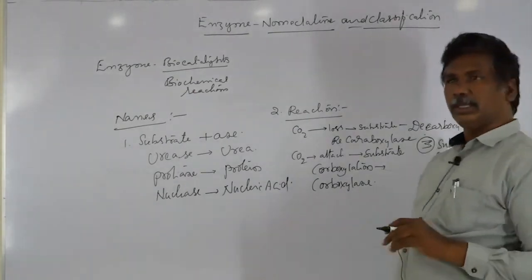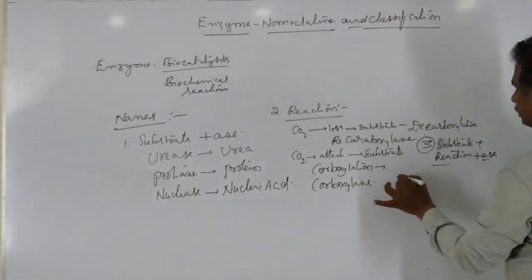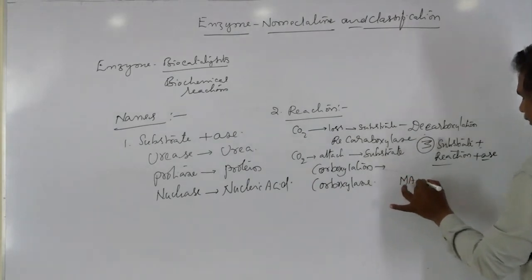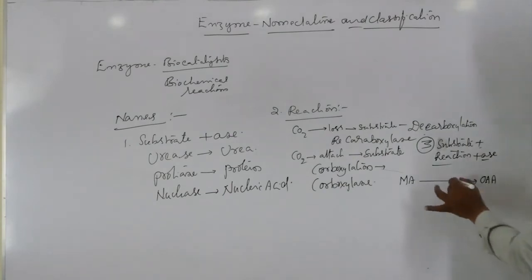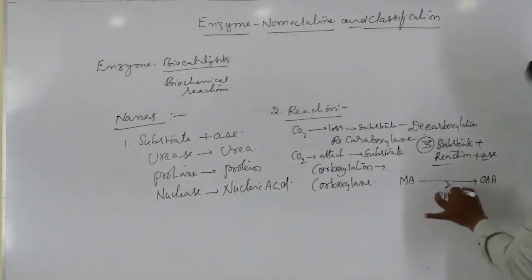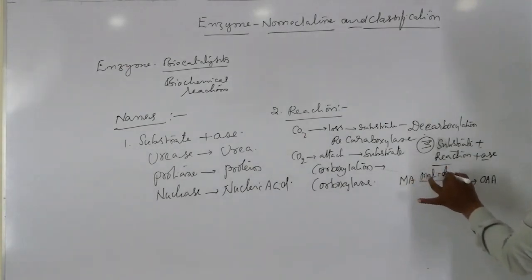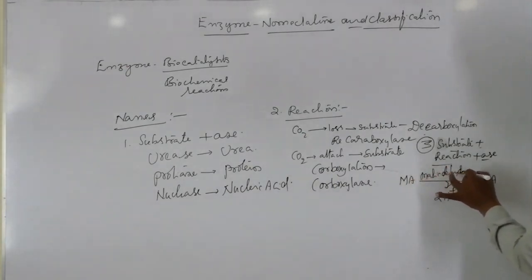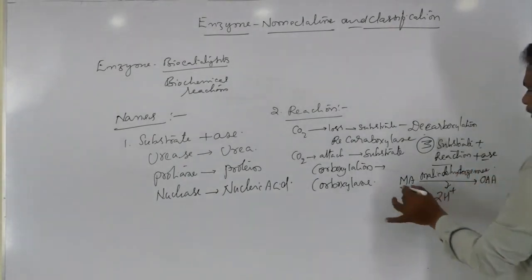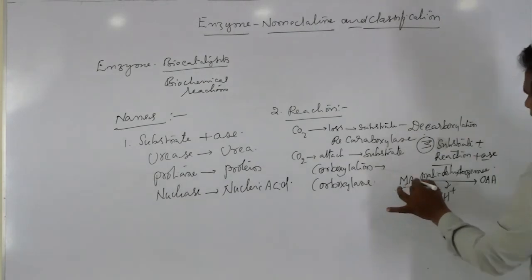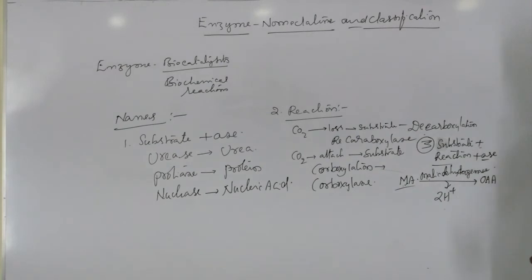For example, in the last step of the Krebs cycle, malic acid is converted into oxaloacetic acid. In this reaction, two hydrogens are lost from the substrate, so the enzyme is called malic dehydrogenase. The substrate is malic acid, and since hydrogens are lost, it is a dehydrogenase.